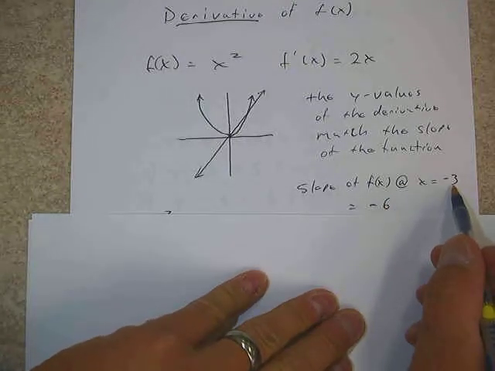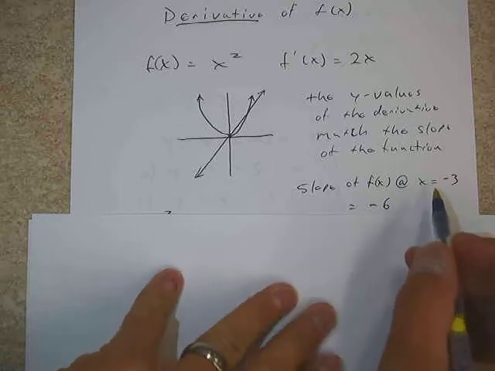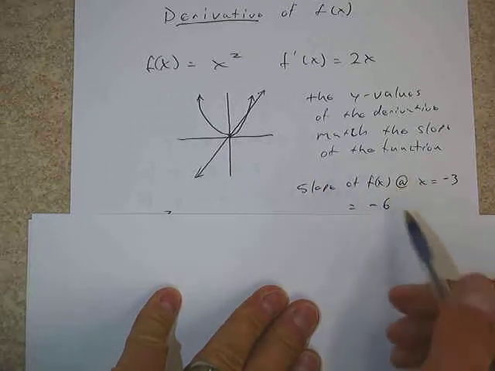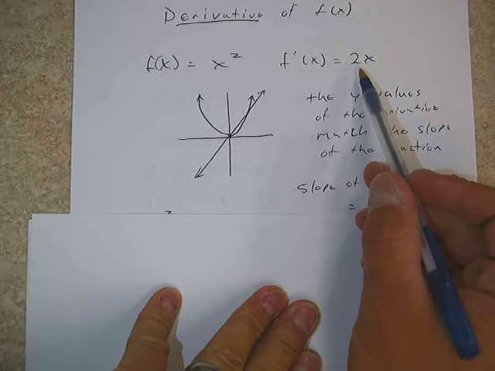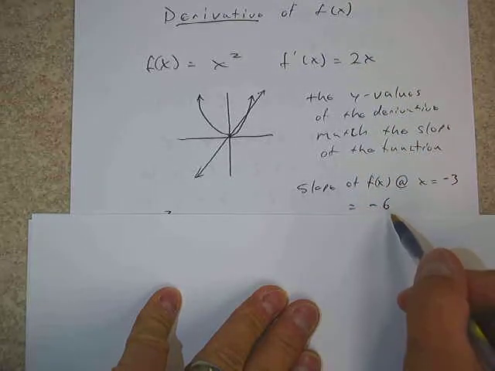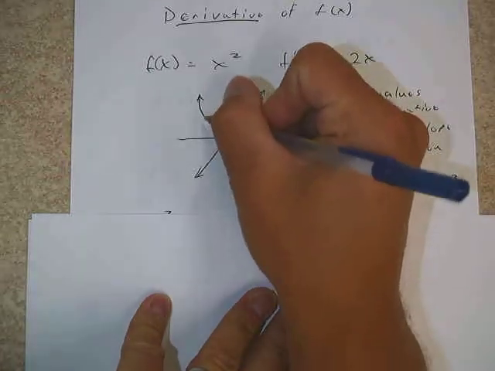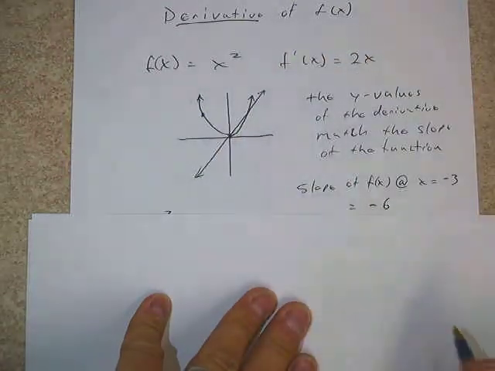Just for argument's sake, for this particular problem, if we look at x equals negative 3, and we put a negative 3 into our derivative, which indicates the slope of our curve at any point, we should get an answer of negative 6.